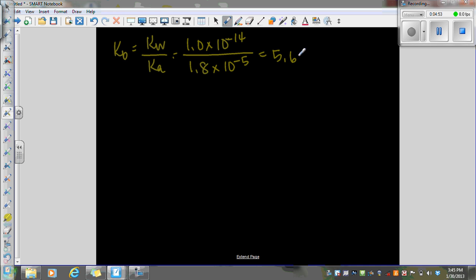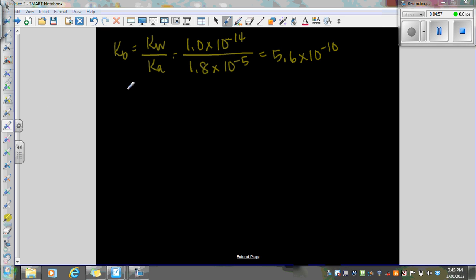Well, to get my Kb, I'm going to take Kw divided by Ka. My Kw was 1 times 10 to the negative 14th. I am using the Ka for acetic acid. And when I do that, I get 5.6 times 10 to the negative 10th.